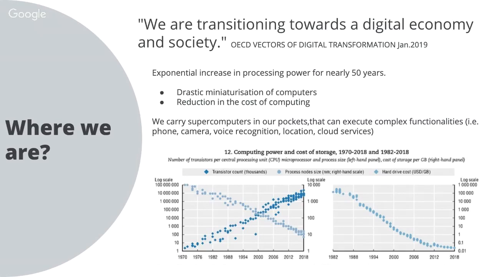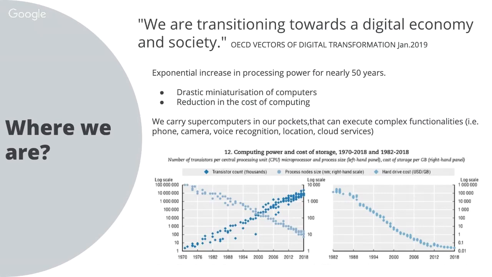As you can see on these two graphs, the transistor count has gone up drastically, exponentially, while the size of the processors has reduced, again exponentially. And the cost of the hard drive has also reduced.